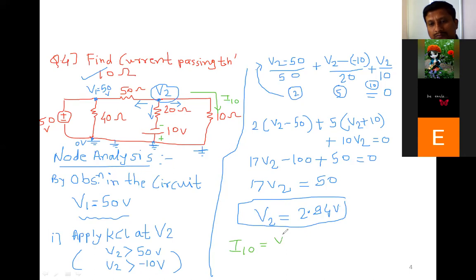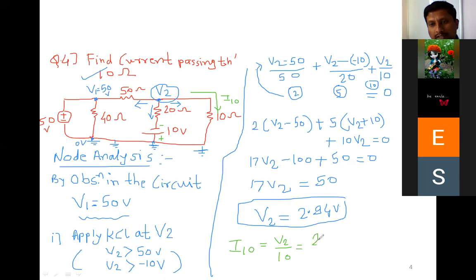I10 is equal to V2 divided by 10. So that will give 2.94 divided by 10, which is 0.294 ampere, or you can write 294 milliampere.